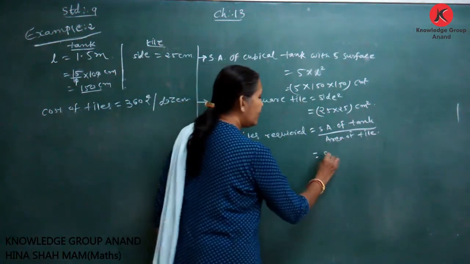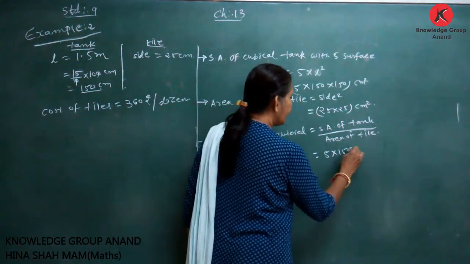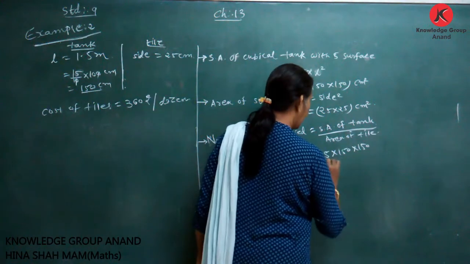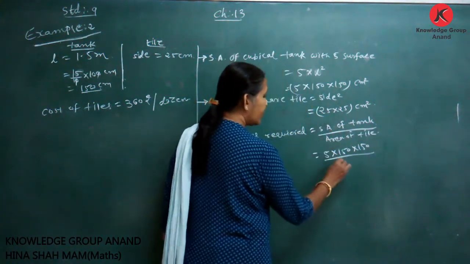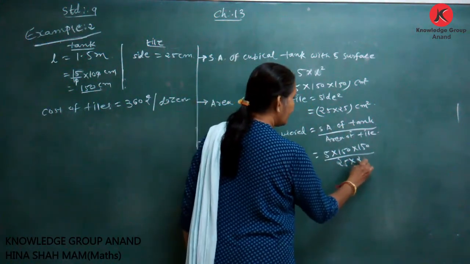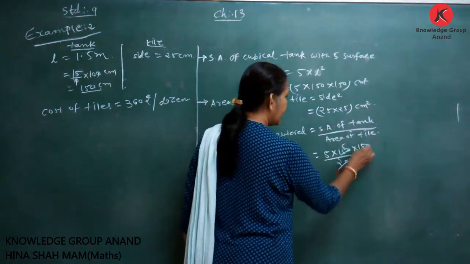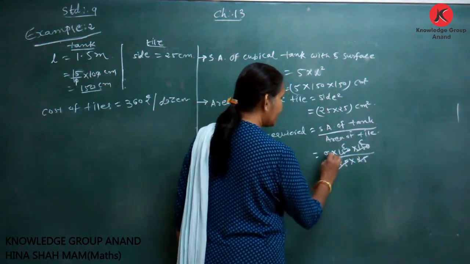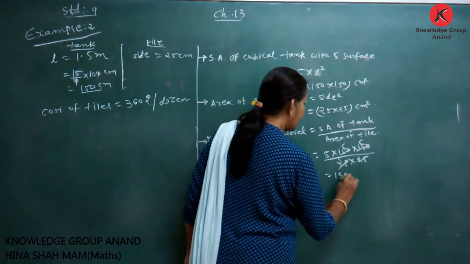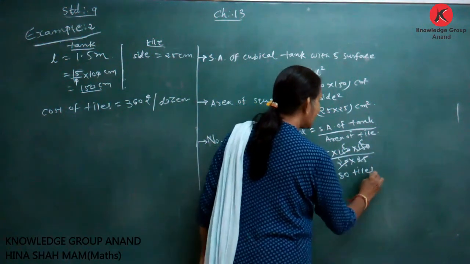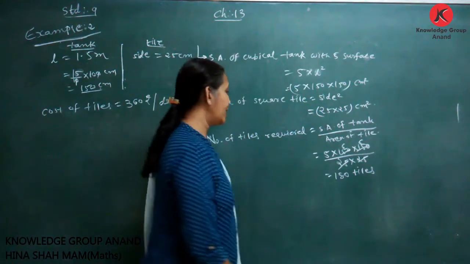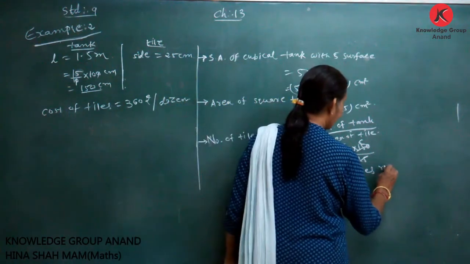What is here? We have 5 into 150 into 150 upon 25 into 25. 25 6s are 150, 6 5s are 30, 36, so 180 tiles. How many tiles are required? 180 tiles are required.